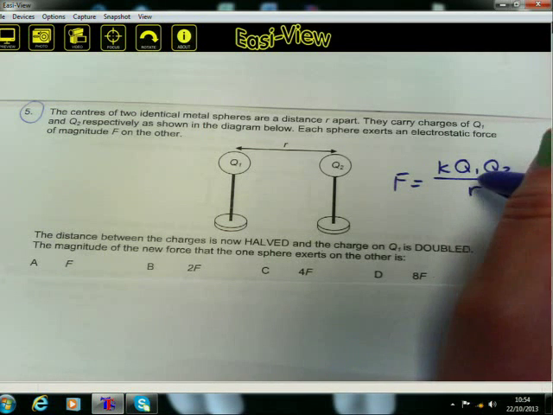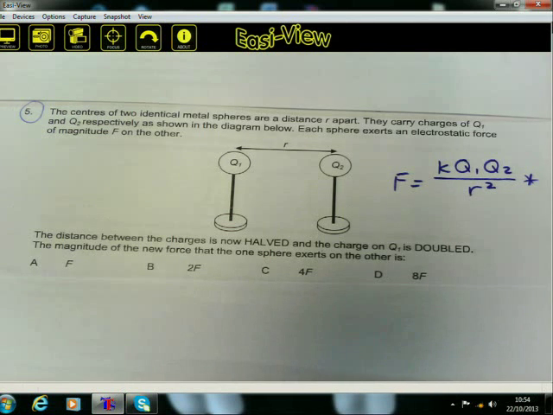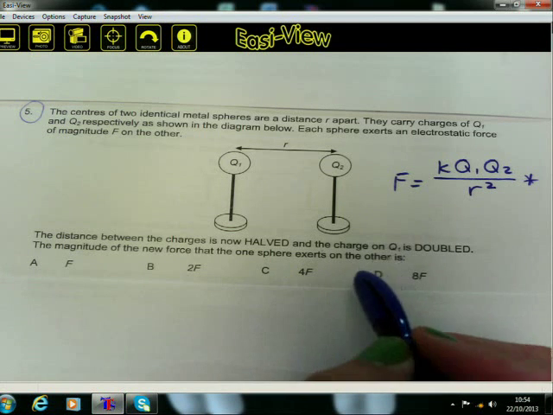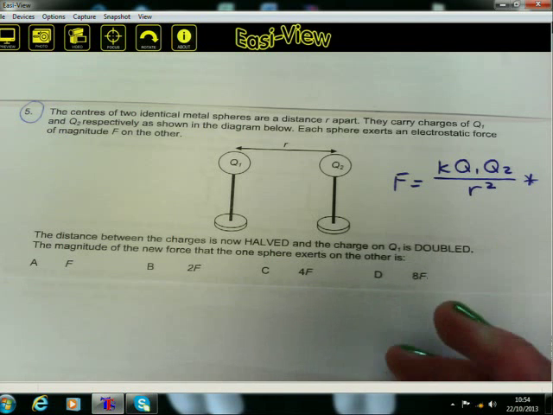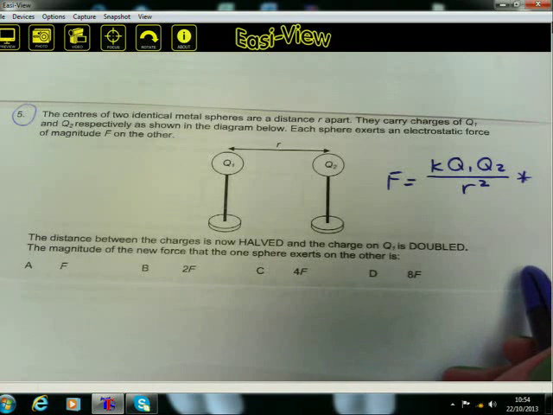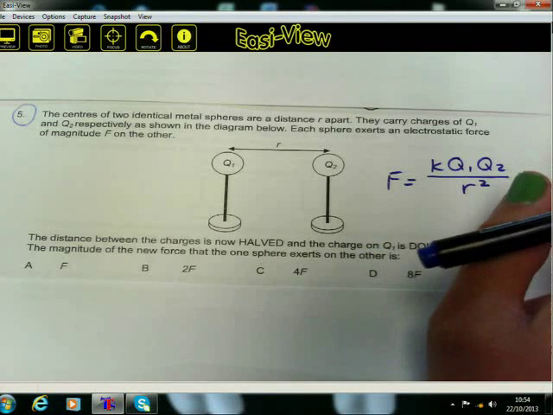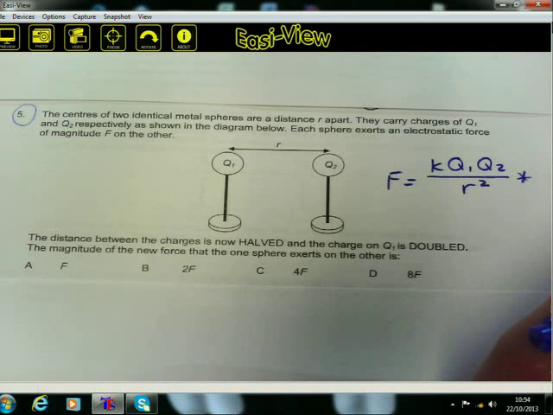R is being halved and Q1 is being doubled. The magnitude of the new force that the one sphere exerts on the other is, and you must pick one of these. I'm going to leave you guys for 2 minutes. And you must write an equation so you can see where this comes from. Don't just guess.